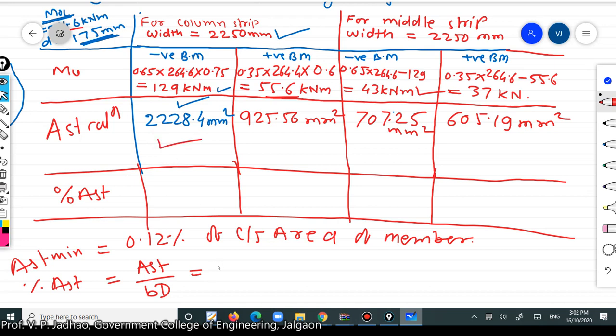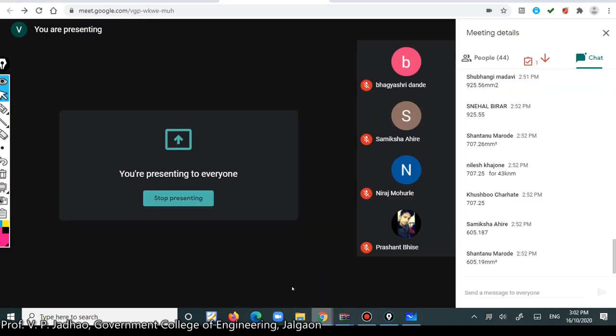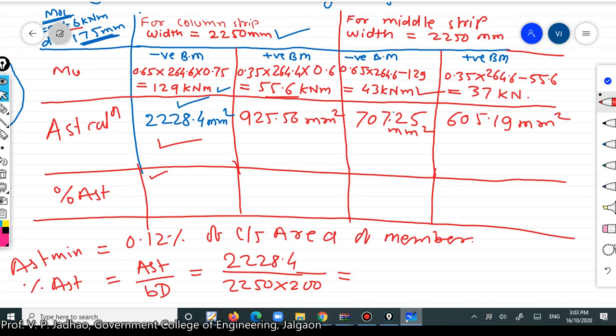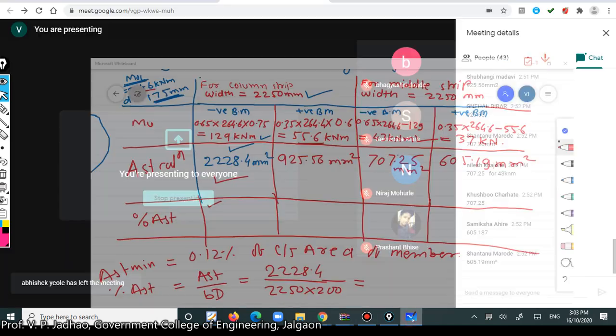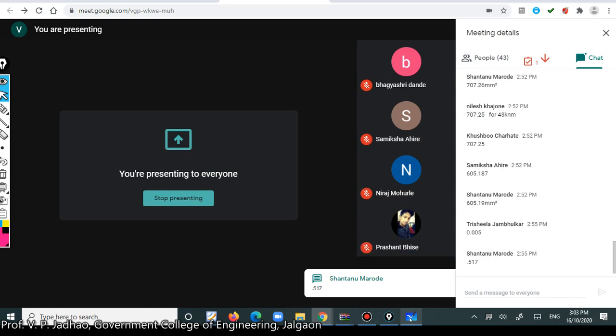Now for the first case, that is 2228.4 mm square steel, 2228.4 divided by, we have B equal to 2250 mm. So put here 2250 multiplied by total depth 200 mm. What will the percentage steel requirement be for this first case? 2228.4 divided by 2250 multiplied by 200 is 0.517.